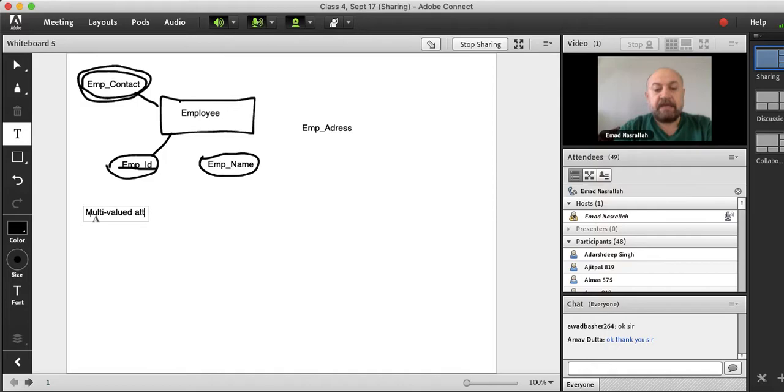Multi-valued attribute represented by double-lined circle. It means maybe the entity has more than one value for this attribute.